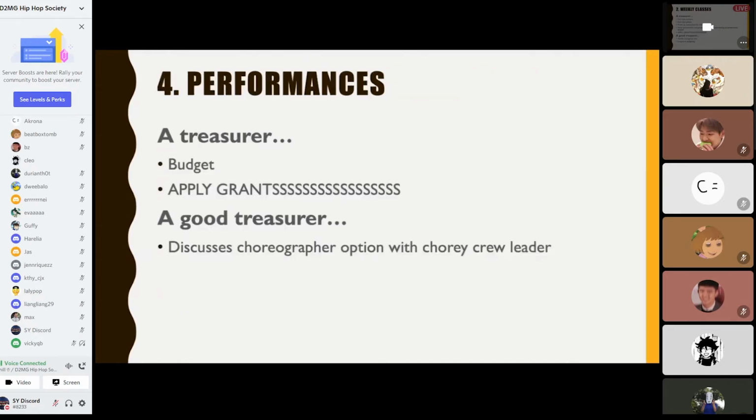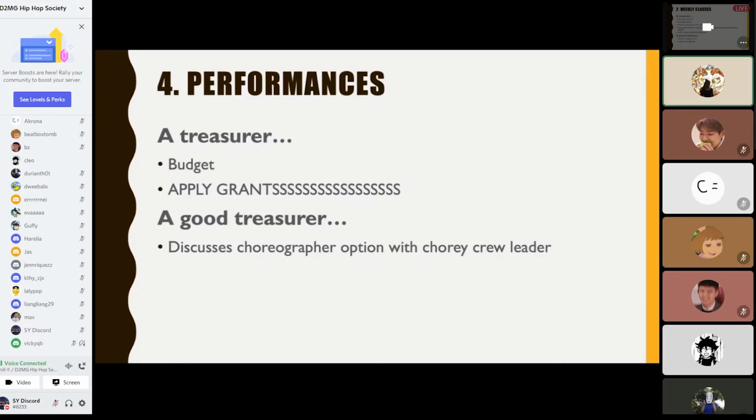Okay. Next up, we have performances. We are mainly working with the D2 Choreo crew team. So basically, a normal treasurer has to budget the fees paid to the choreographer, and they also have to apply for grants where possible.